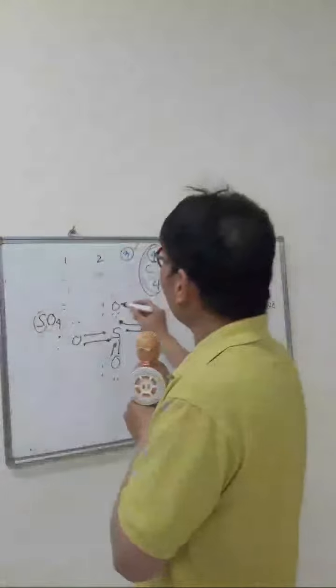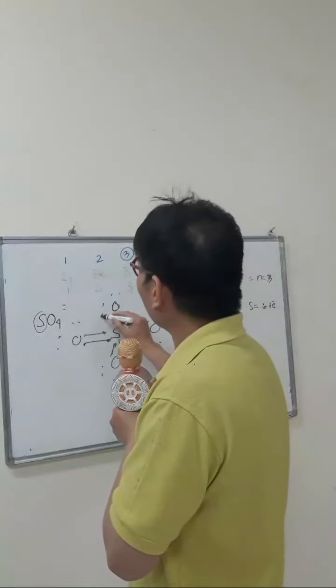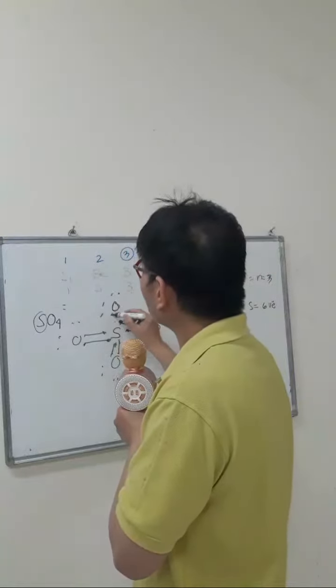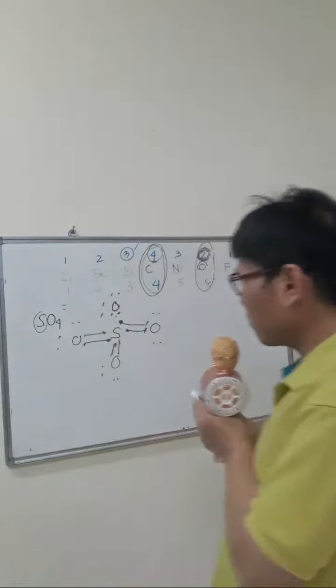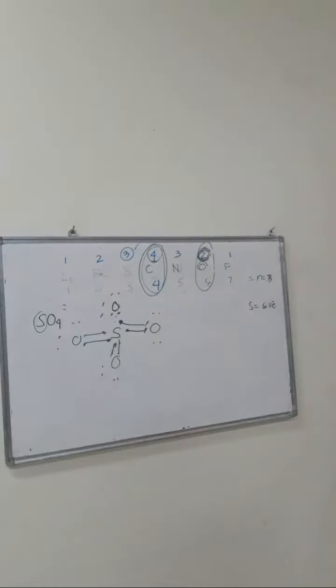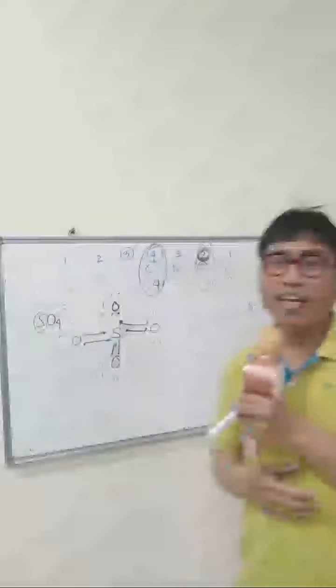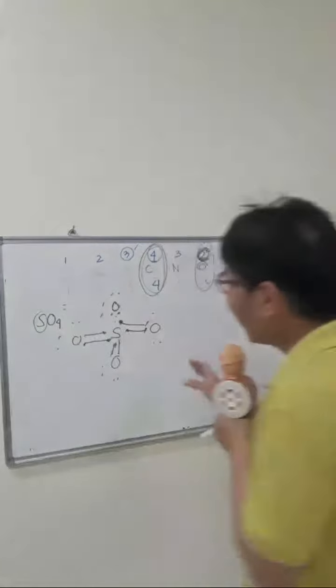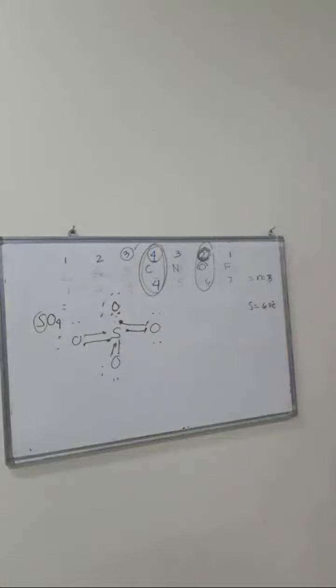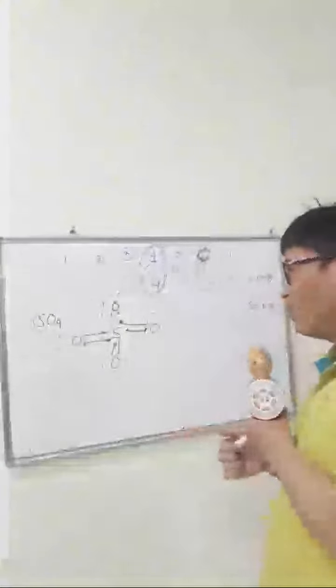Now oxygen has 6: 1, 2, 3, 4, 5, 6. In this case, the electrons are all consumed in sharing the electrons to oxygen. So what will happen now?